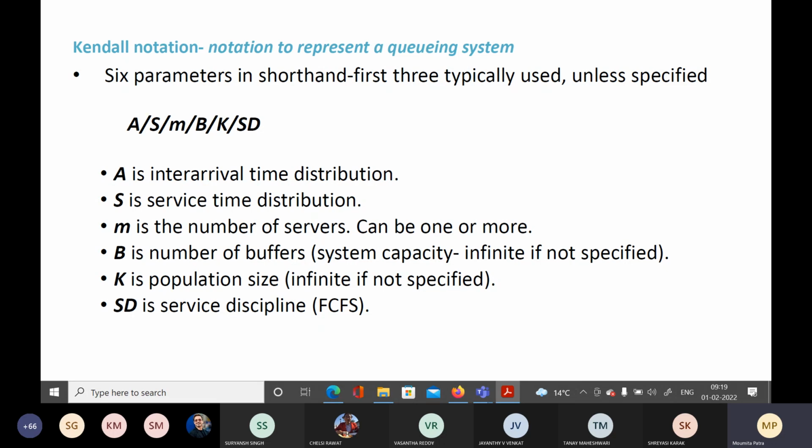Similarly, population size is in general considered infinite, otherwise it is specified. As for the service discipline, in general it is considered to be FCFS, otherwise the scheduling discipline is specified. If it is not specified, that means it is FCFS.